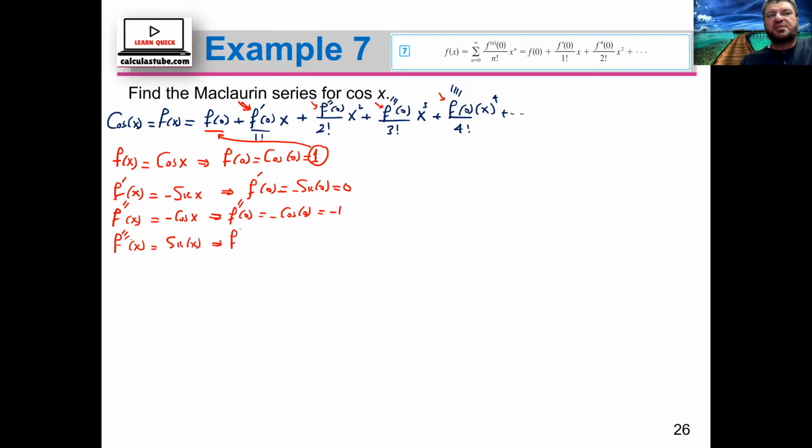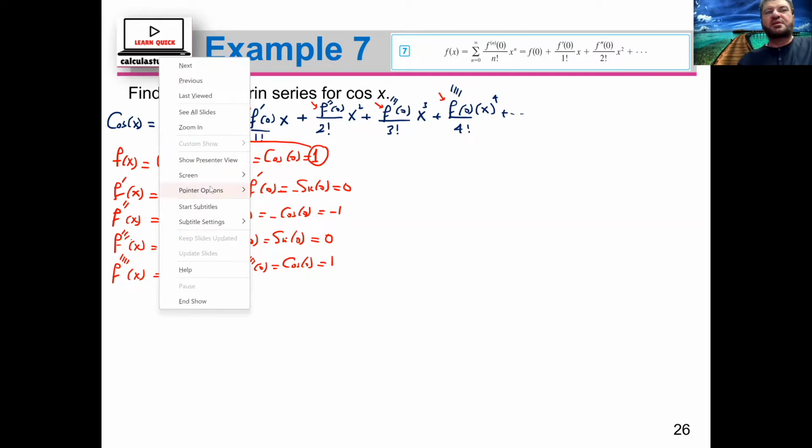And this implies that the third derivative at 0 is definitely going to be sine 0, which is 0. And finally, let's go to the fourth derivative of x. The derivative of sine is cosine x, and the fourth derivative at 0 is cosine 0, which is 1. So we came back to the loop. The loop started with cosine, ended up with cosine.